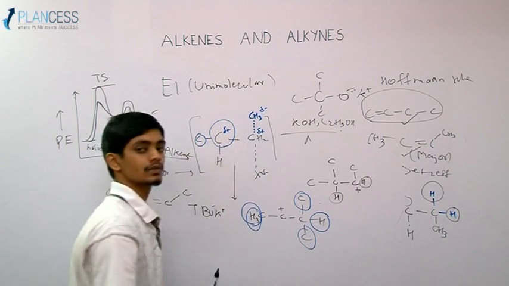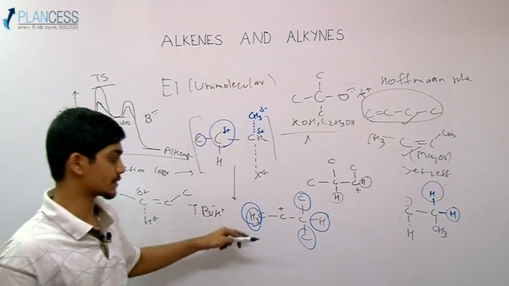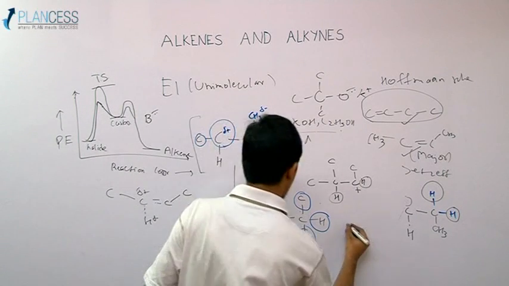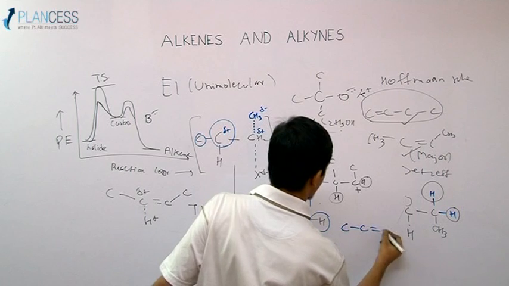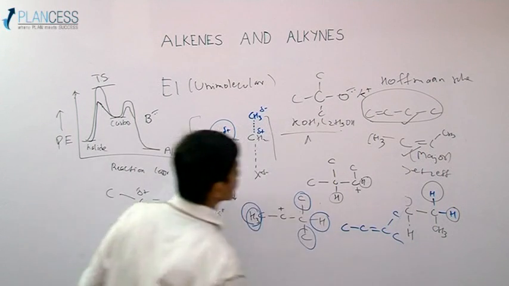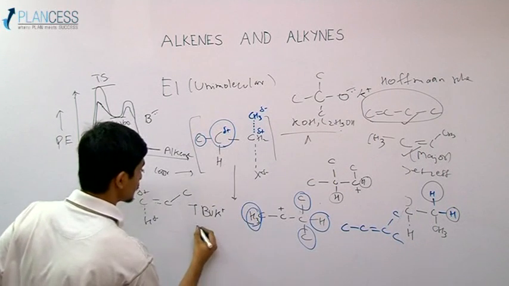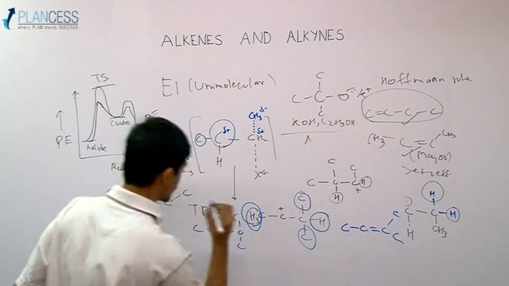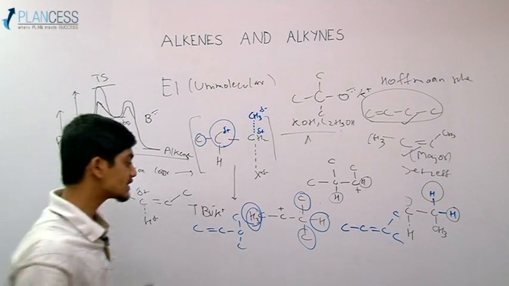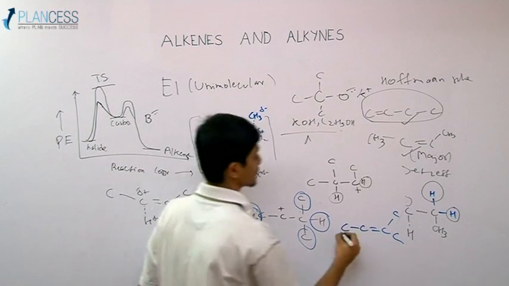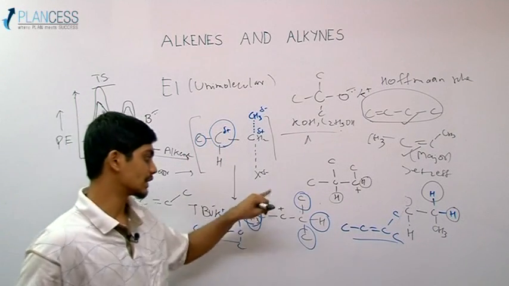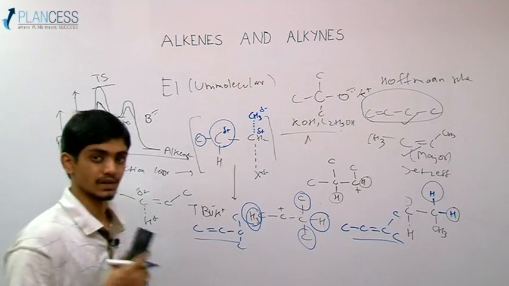We get a less substituted alkene because this hydrogen was abstracted. You can easily see that this alkene is less stable than the other alkene, but still this is the major product when we use a bulkier base.